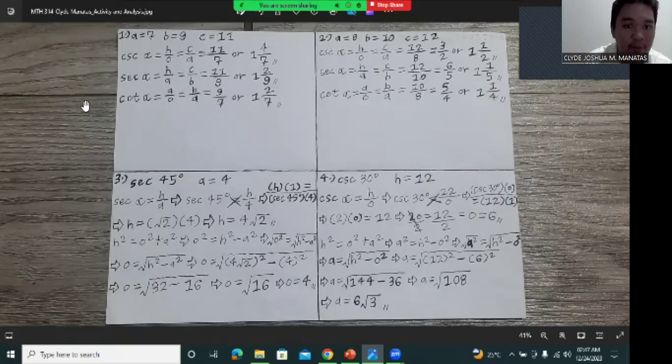Next, for number 3, the hypotenuse is 4 square root of 2 and the opposite leg is 4. Then number 4, the opposite leg is 6. Then the adjacent is 6 square root of 3.